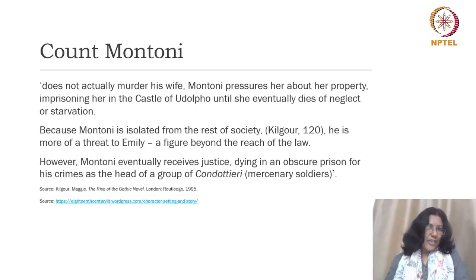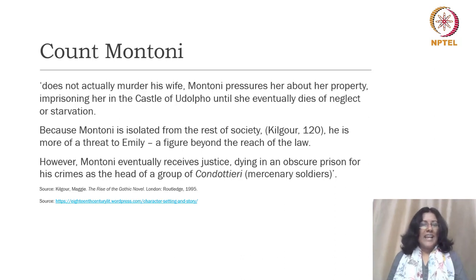Even though at the end of the novel he didn't actually murder his wife, the aunt of Emily, he does pressure her. He does force her to give up her property, and when she refuses, he imprisons her in the castle of Udolpho until she dies of neglect and or starvation.